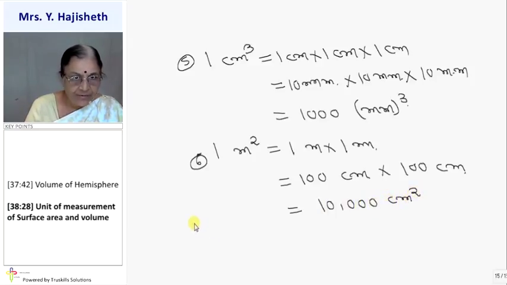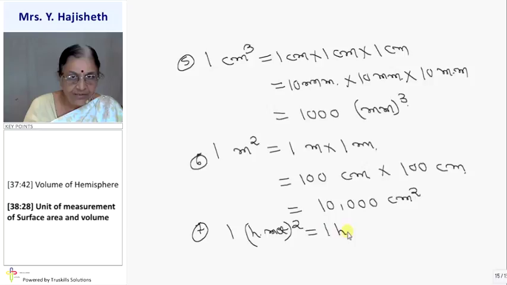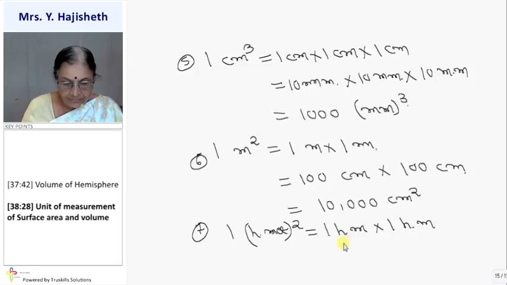सेम वे अगर आपको 1 हेक्टोमीटर स्क्वायर कन्वर्ट करना है तो 1 हेक्टोमीटर इंटू 1 हेक्टोमीटर, that is 1 hectometer square. And 1 hectometer is how many meter? 1 hectometer is 100 meter.